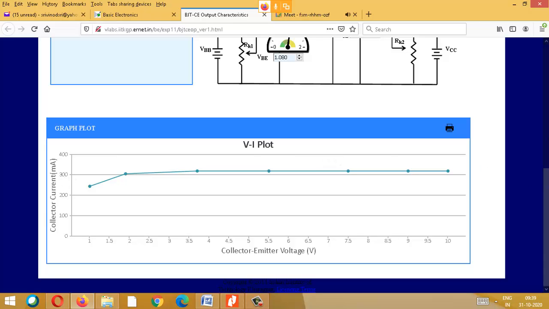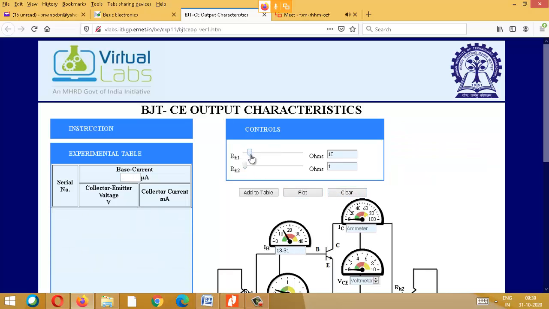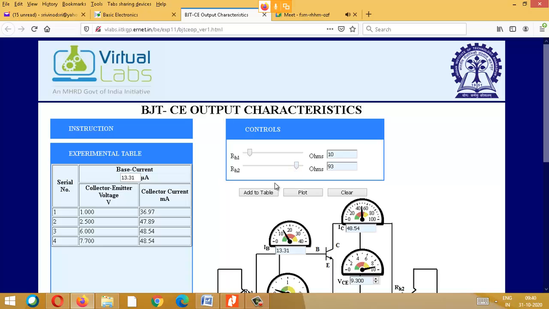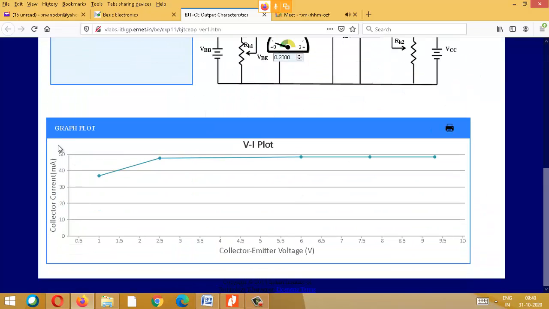I will repeat: I am keeping it at a smaller value and then doing it, you can see what is the maximum current you are getting. By this method, the maximum is only 50.